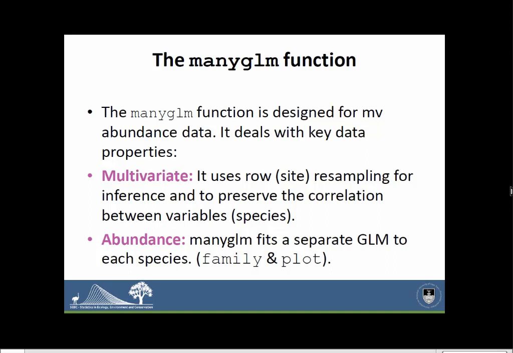So you want to make sure that the relationship between the species is maintained, is intact. And then the other aspect is the abundance, where manyglm actually fits separate GLMs to each species. And then you can use family in order to define that mean-variance relationship, and you can use plot to check your assumptions related to these models.